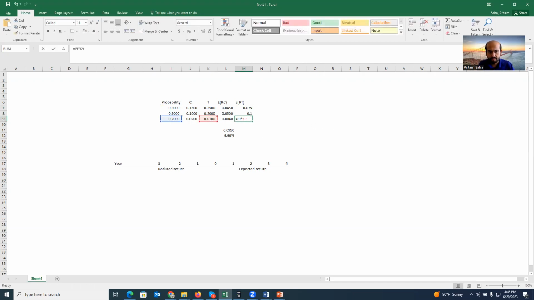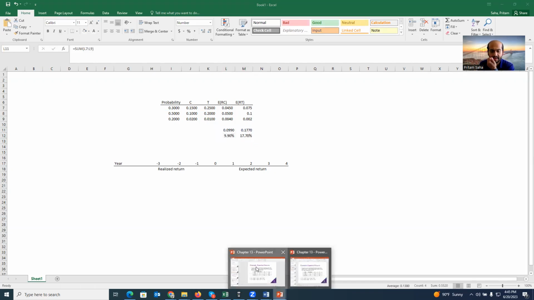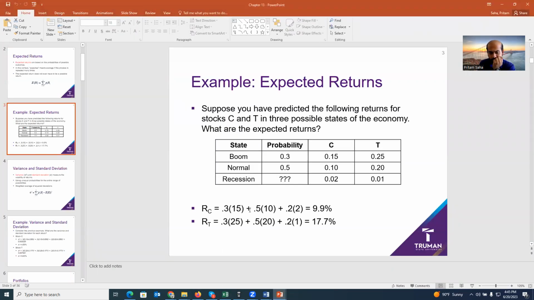Drag. No, same things. Did you see that? And then 17.7. Makes sense? This is the expected return. So I actually calculated everything here. So you guys can do it by your hand. It's easy, just basic calculation.